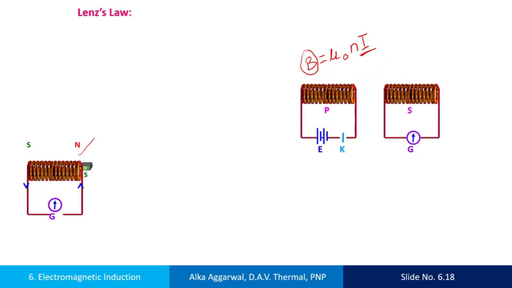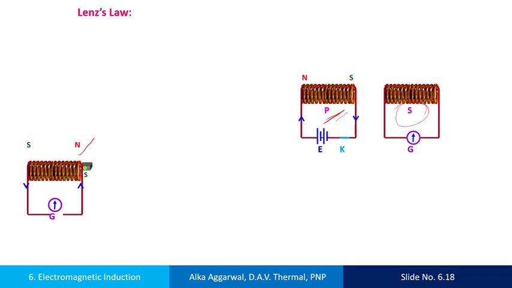When the flux linked with the coil P increases, then the direction of the current in the coil S is such that it opposes the increase in current in coil P. Means it flows in the opposite direction. If the current in the coil P is in clockwise direction, then in this coil it should be in anti-clockwise direction.